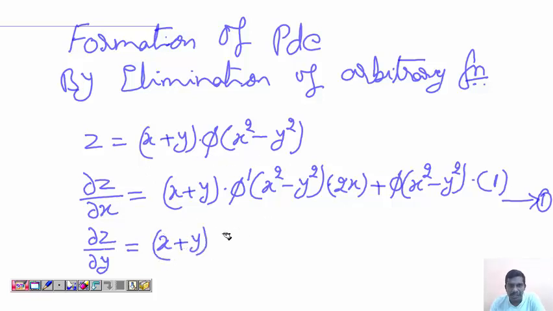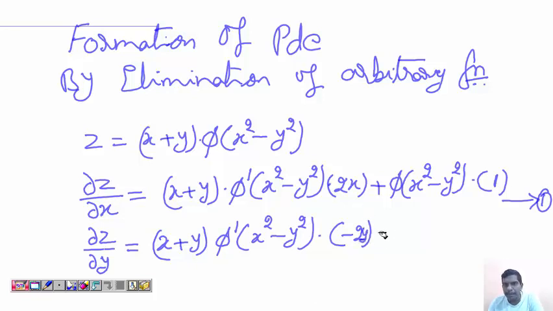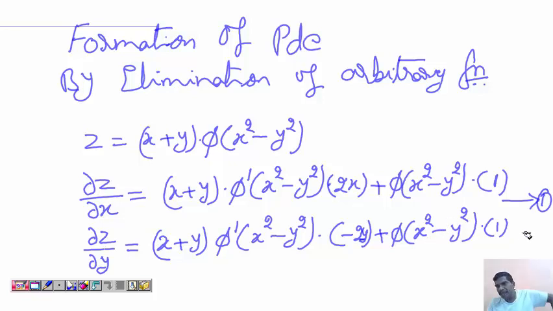And differentiation of phi means it is phi dash of x square minus y square into minus 2y, plus phi of the second function, phi of x square minus y square, into the differentiation of y, which is 1. Now see that, we call it equation number 2.